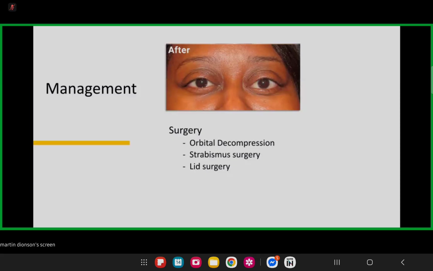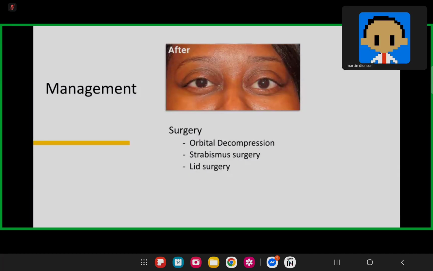When there's persistence of the condition despite medical therapy, then we suggest surgery. This is the order of surgery we do for TED. We decompress the orbit, we do strabismus surgery, or correcting the muscles. And if there are persistent lid problems, then we do lid surgery.